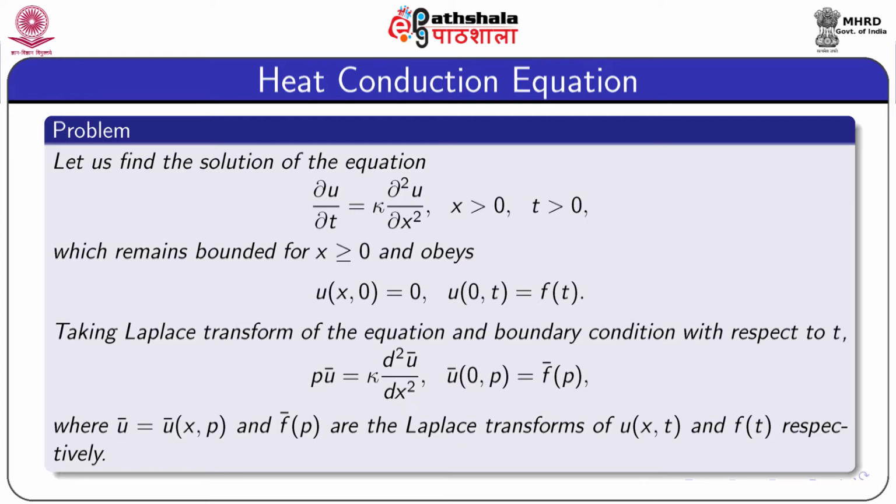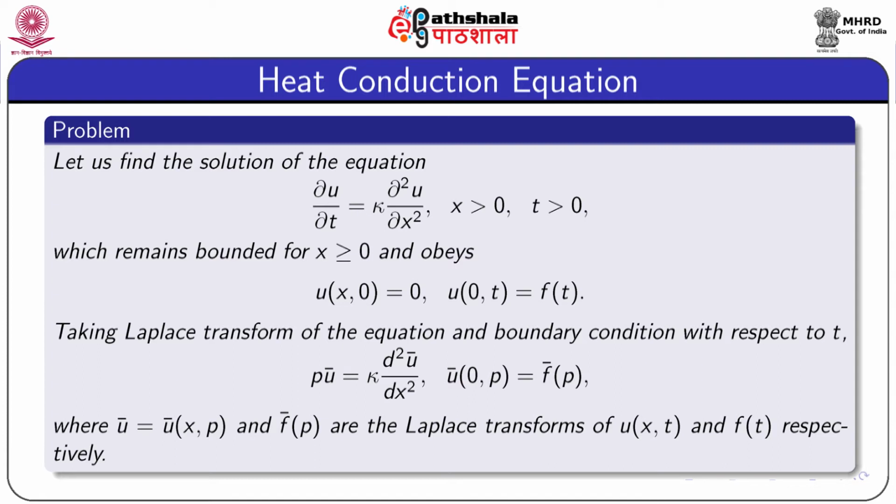We also apply Laplace transform to the given boundary condition, which is u(0,t) equals f(t). If we apply Laplace transform to this condition, that will give u bar (0,p) equals f bar p, where f bar p is the Laplace transform of f(t).